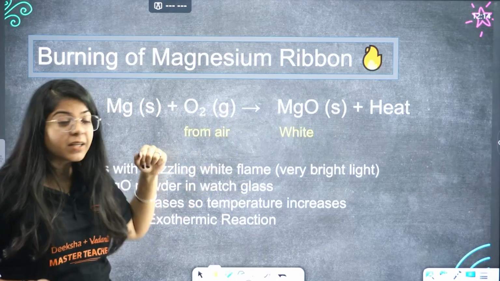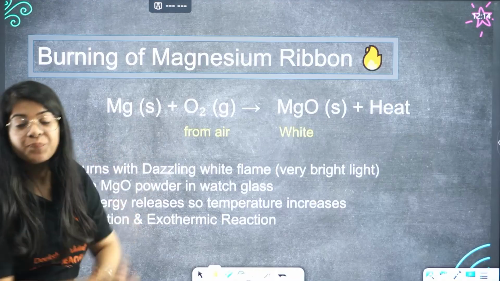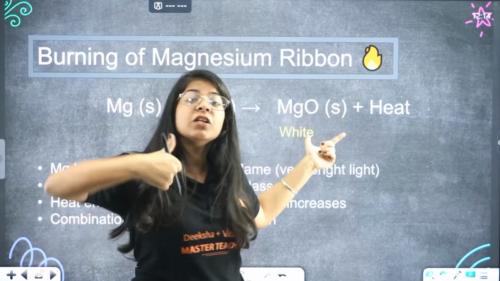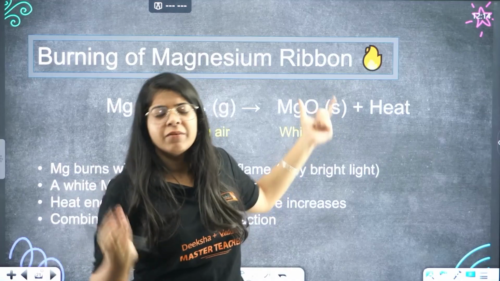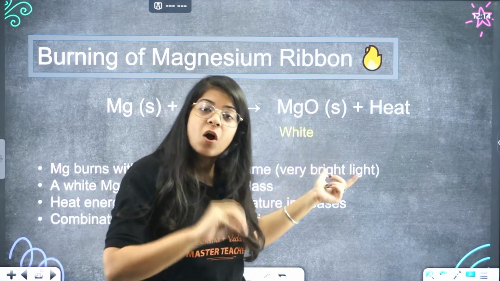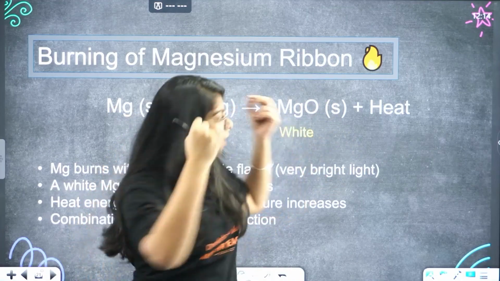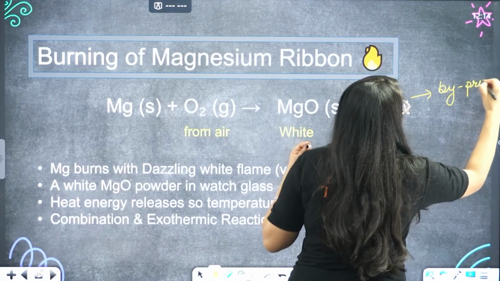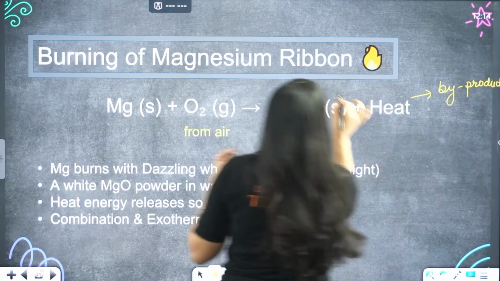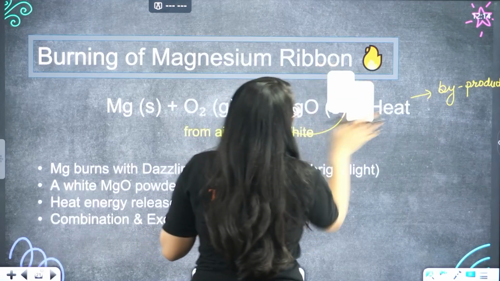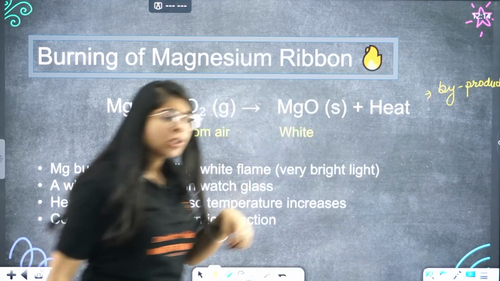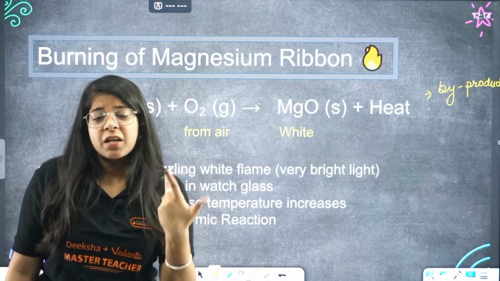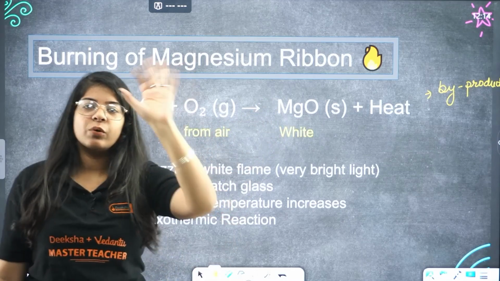We took it from air, and then we combine those and we get MgO. So the product is single, but with that we get heat as well. We don't consider heat as a product, we consider it a byproduct. That means our main focus was this product, MgO, but we also got heat, which we can use in some other way, or we can just let the heat go into the atmosphere.